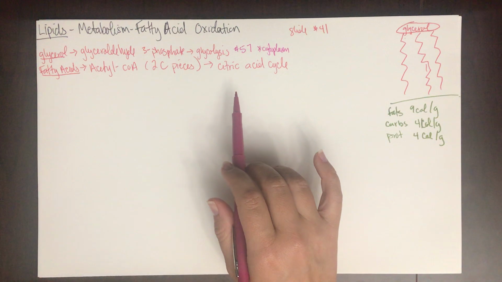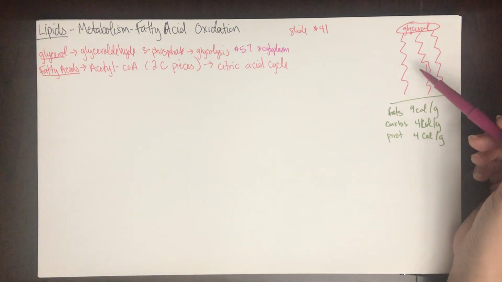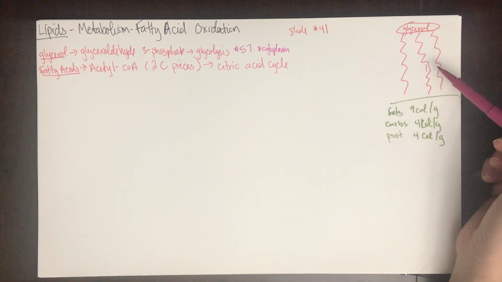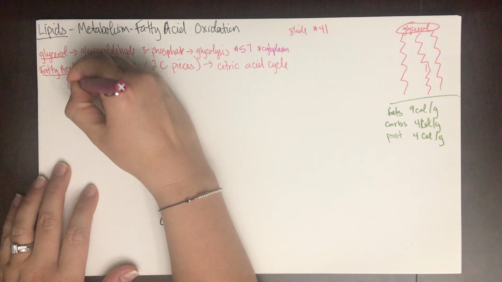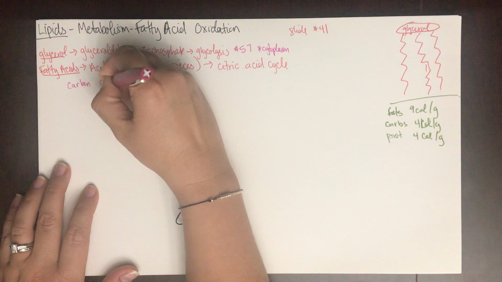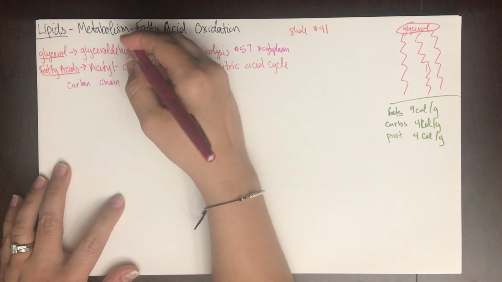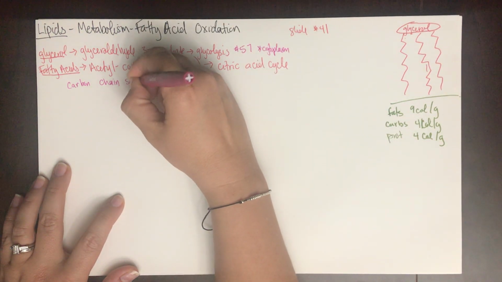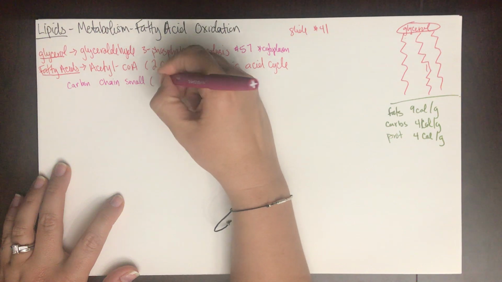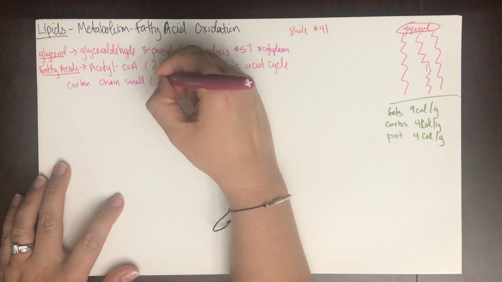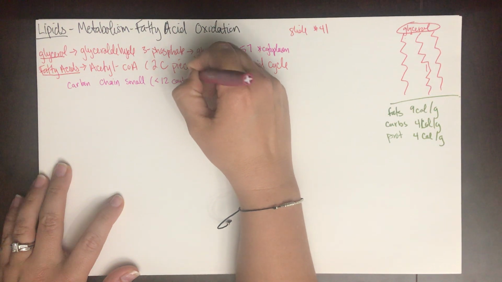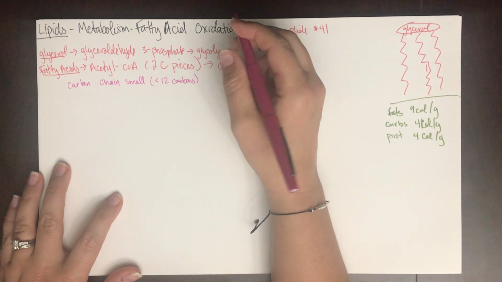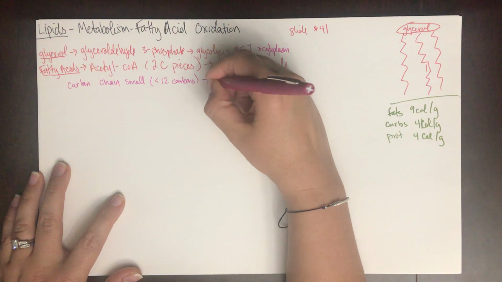So one thing that's important is that these carbon pieces, these long carbon chains, if the carbon chain is small, so what small means is that it is less than 12 carbons, that means it can diffuse freely across the mitochondrial membrane.